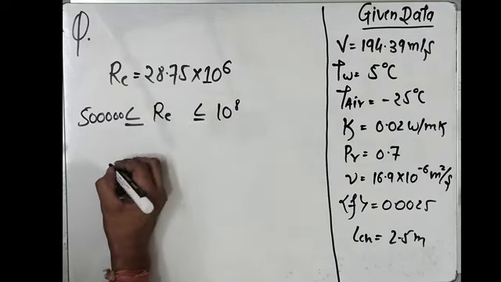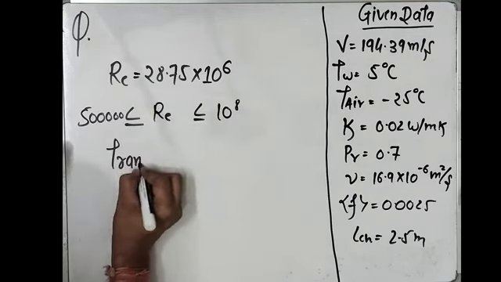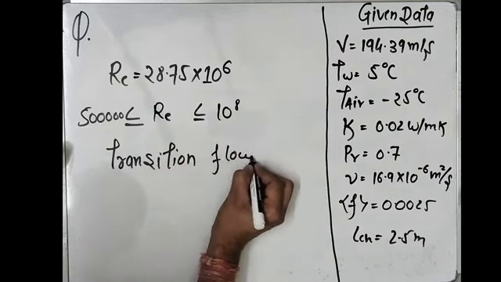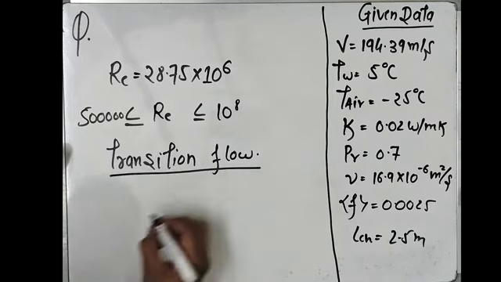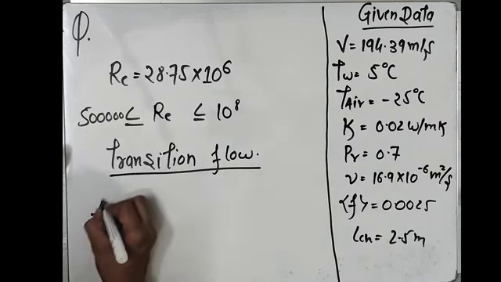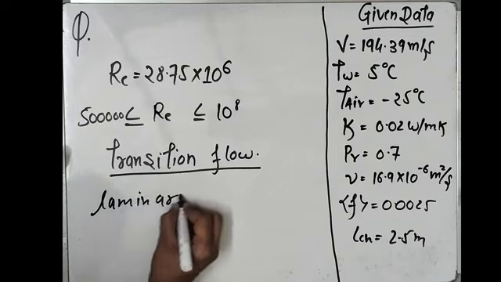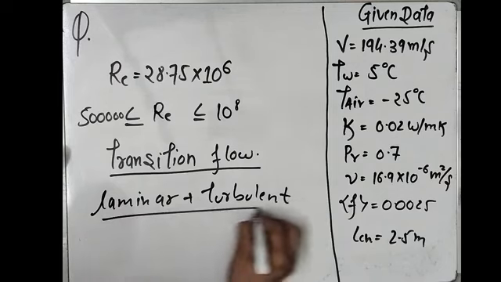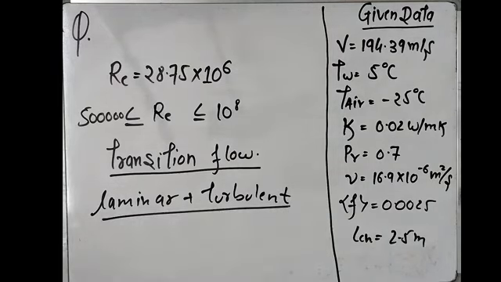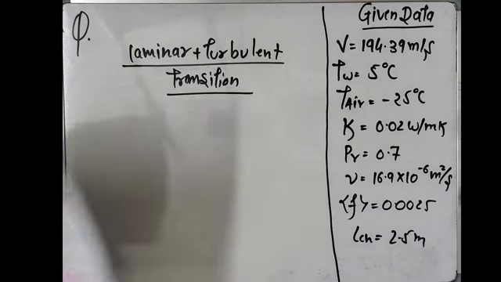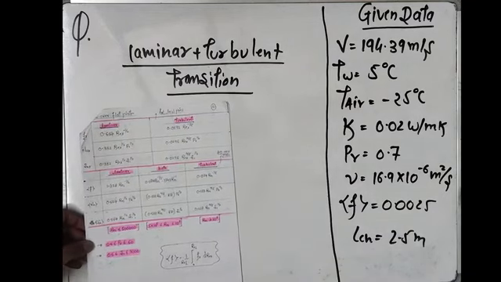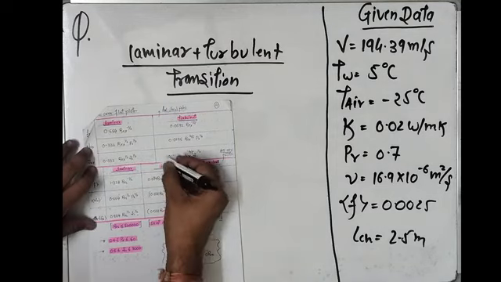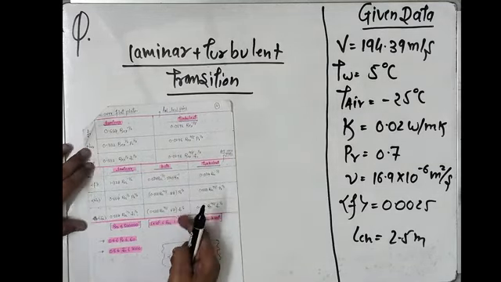This means it lies somewhere in transition flow, which means here the flow is both laminar plus turbulent. As the flow is laminar and turbulent, it is a transition flow, so we will see the middle column for the transition flow that we had made.